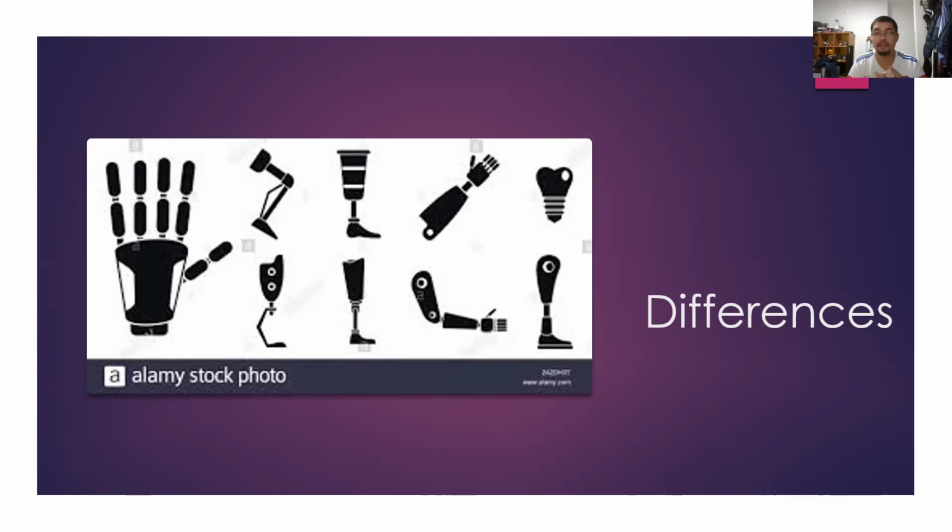The materials in this type of prosthetic are plastic, in some cases metal, or a hybrid of plastic and metal.